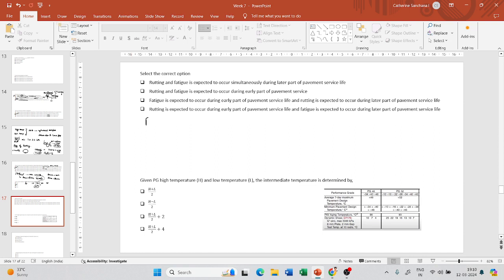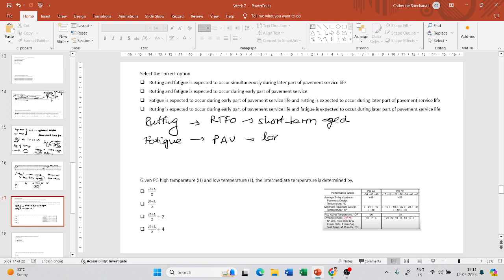For rutting, you test an RTFO aged sample, which is a short-term aged sample. For fatigue, you test it on a long-term aged sample.